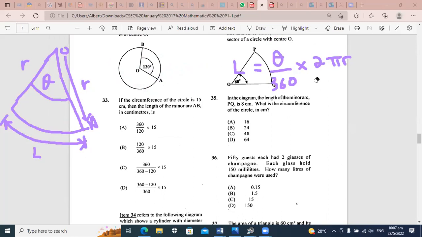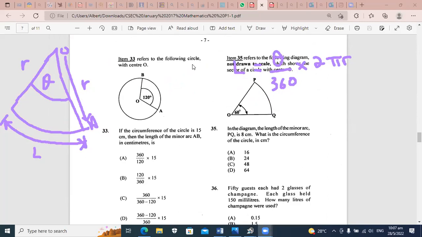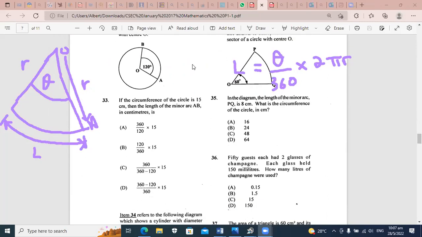What is the answer for 33? B. You're correct. It is B.